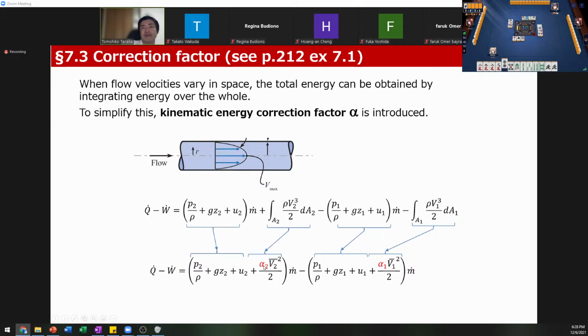And by introducing alpha 2, you can write the integration term as alpha 2 times the average mean velocity squared over 2 times m dot. And similarly, at position 1, you can rewrite this term as alpha 1 v1 squared over 2 times m dot. Okay, this is just a simple technique to simplify the description of the energy equations.